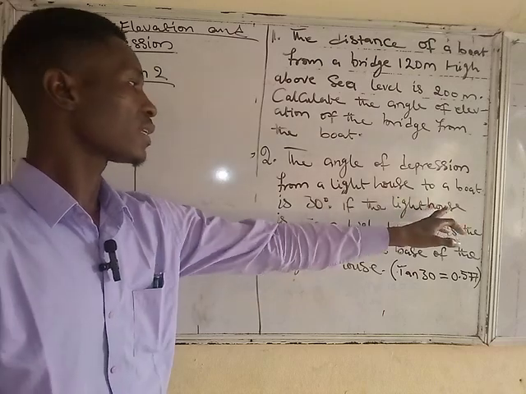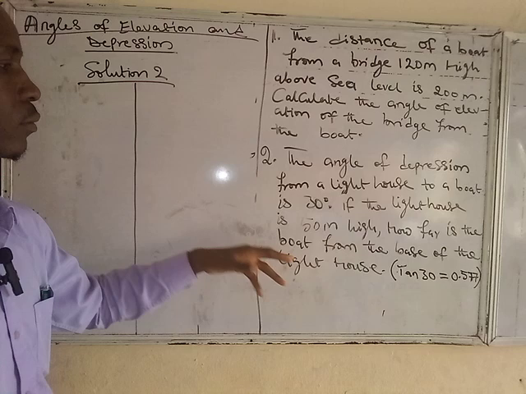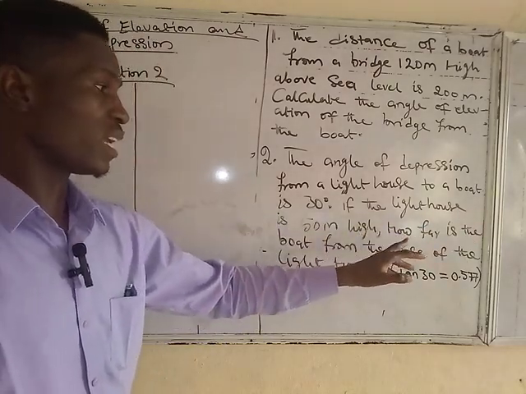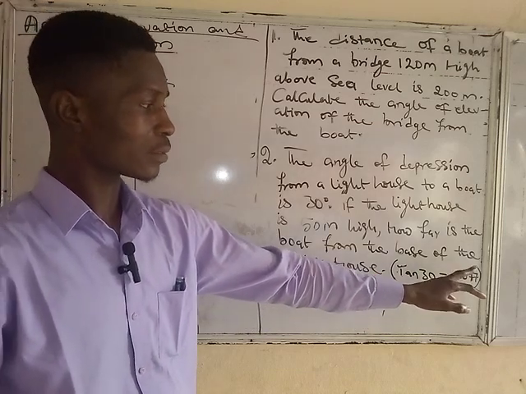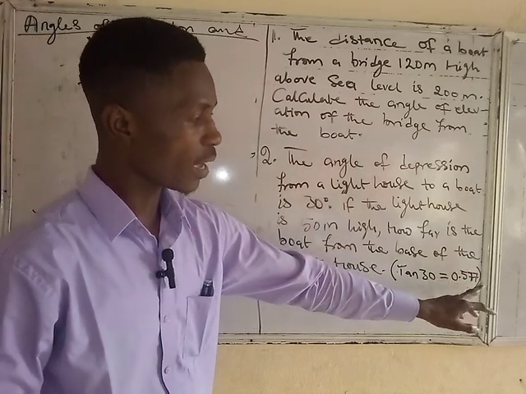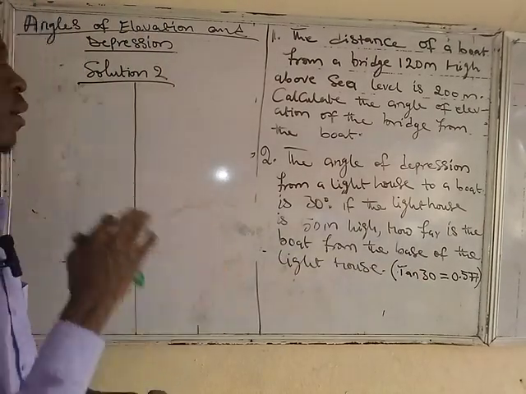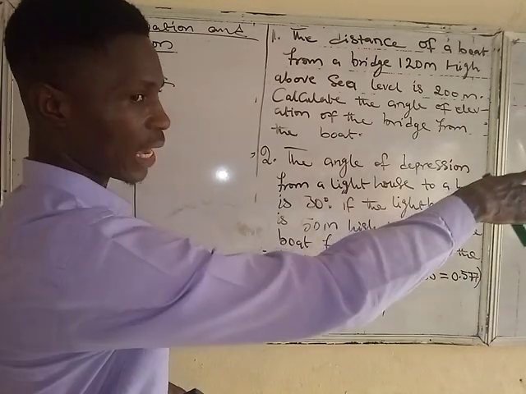If the lighthouse is 50 meters high, the height was given, how far is the boat from the base of the lighthouse? Tan 30 degrees is 0.577. Okay, it has been given. Now, what we are looking for is the distance of the boat to the base of the lighthouse.